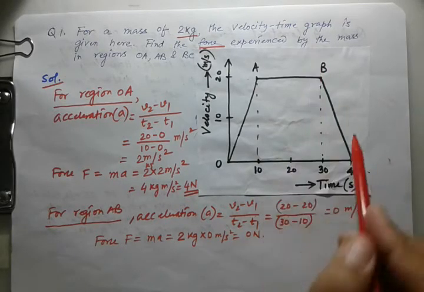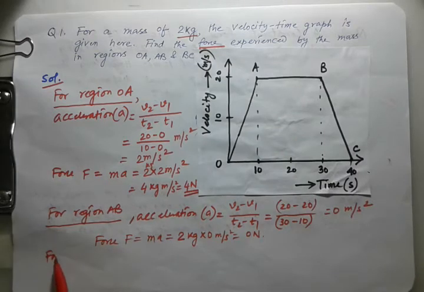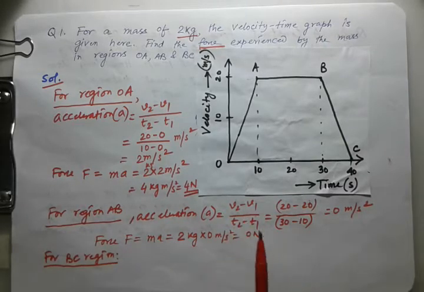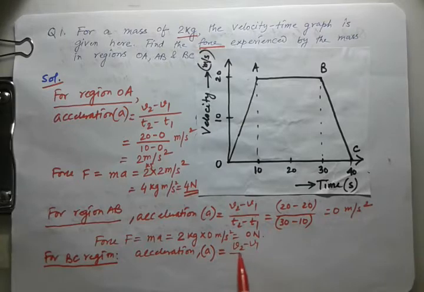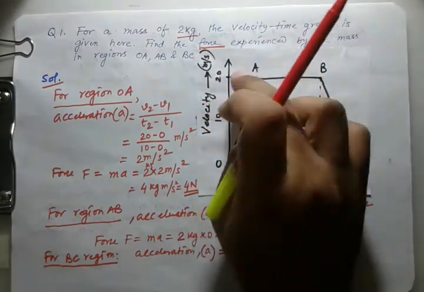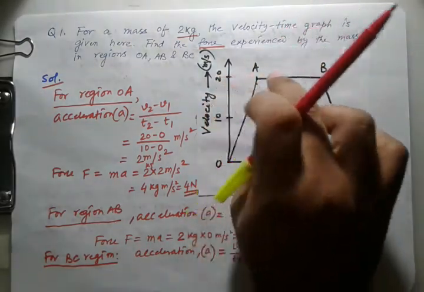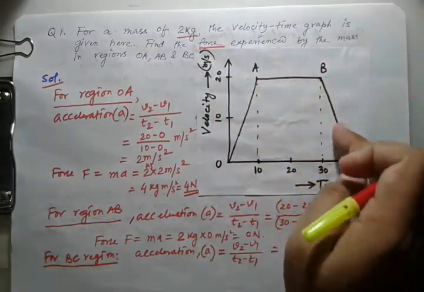And go to the BC region. For the BC region, how can you find the acceleration? a will be equal to V2 minus V1 by T2 minus T1. Here the initial velocity is 20, and then it comes to 0.